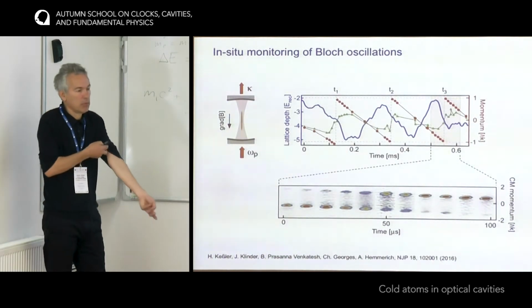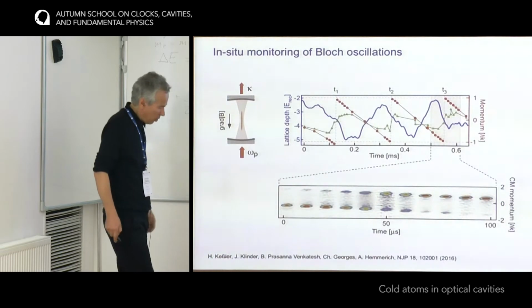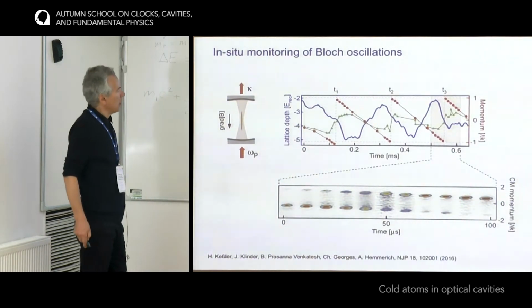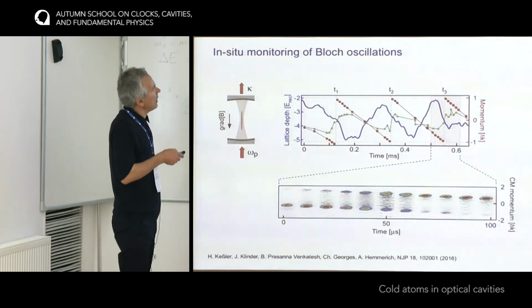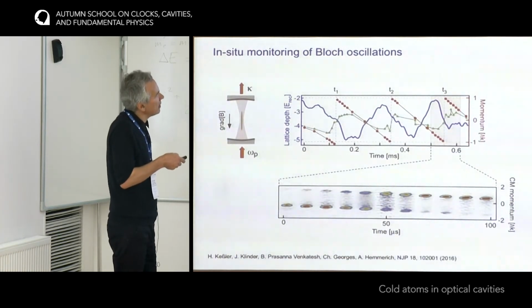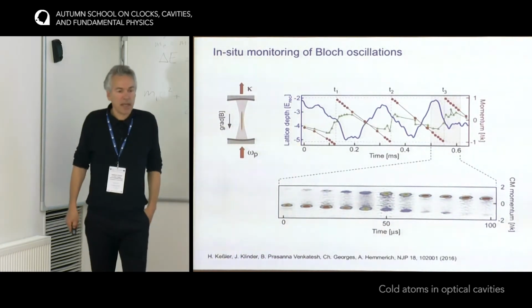That's the idea. Okay, so now I'm showing you that if you do that in a high finesse cavity, and in our case we are in this cooperatively strong coupling regime, we can directly see the Bloch oscillation in the signal that comes out of the cavity.